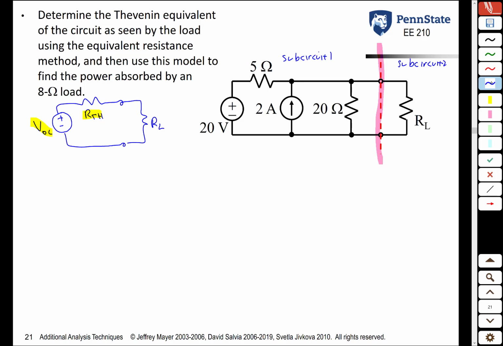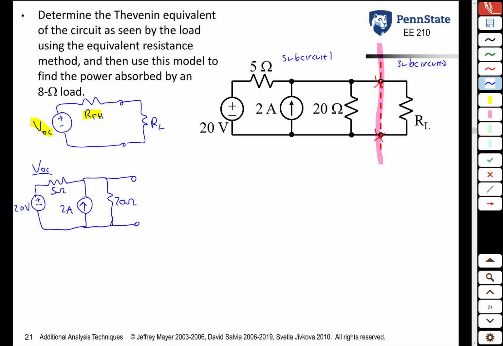So the first thing we need to do is find VOC. As I said, finding VOC is you basically detach the circuit at these two terminals here and measure the voltage at that point. So we take our 20 volt source, 5 ohm resistor, 2 amp source, a 20 ohm resistor.